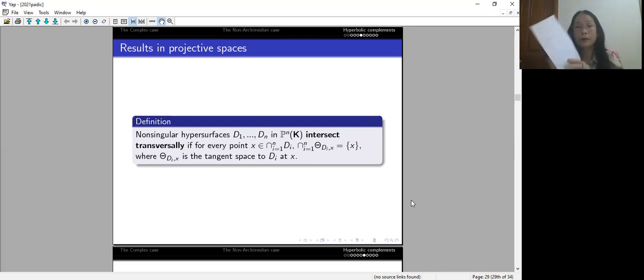So, for example, this is not intersecting transversely, but this is intersecting transversely.